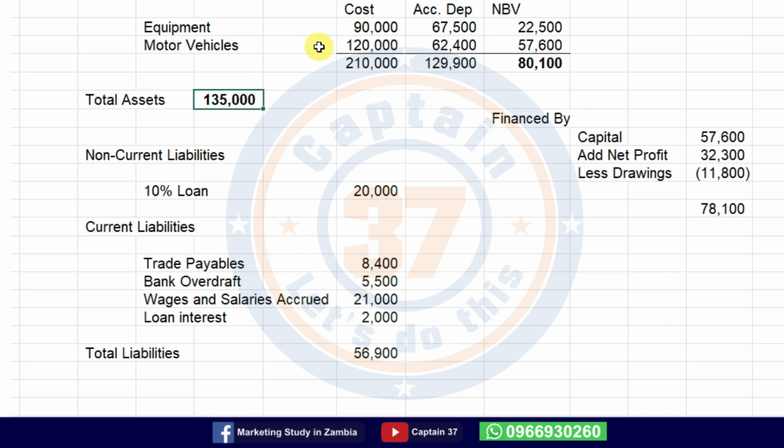We've settled that. How about our total liabilities? Our total liabilities are 56,900. Fine. And our capital or equity is 78,100.